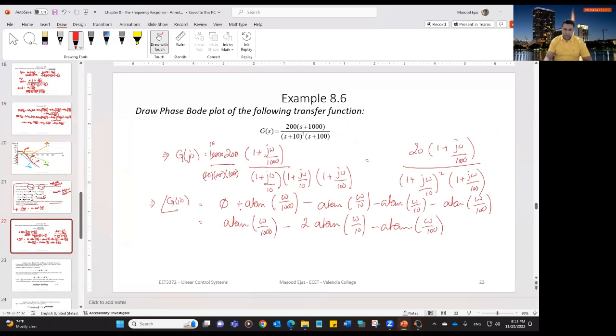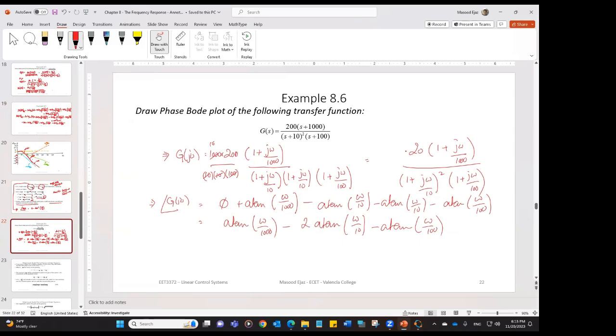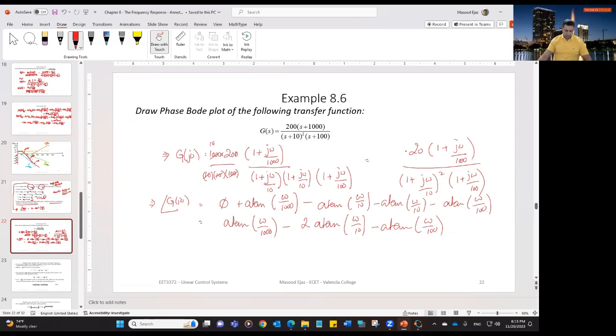Going back to my question I asked you earlier, what if I have negative 20 instead of 20? What will be the phase of that negative 20? Would it be 180 degrees? Exactly, Catherine, very good. It's going to be 180 degrees because negative real numbers on the complex plane lie on the negative real axis.